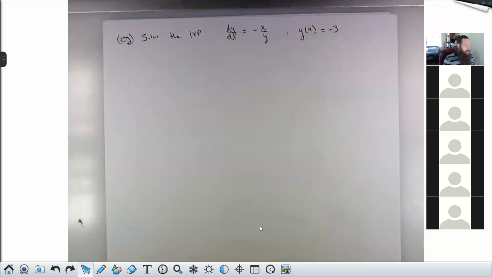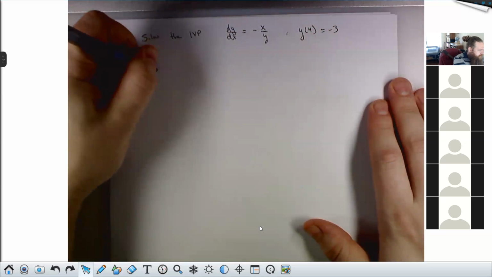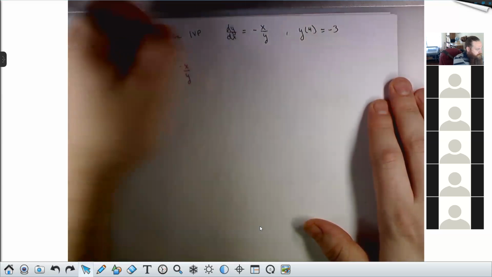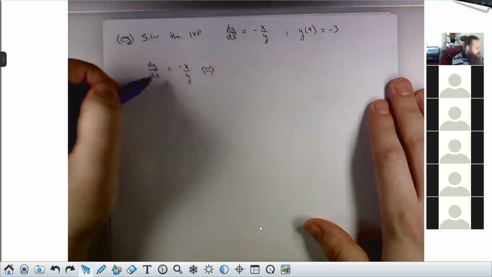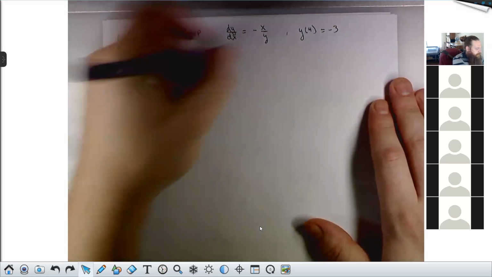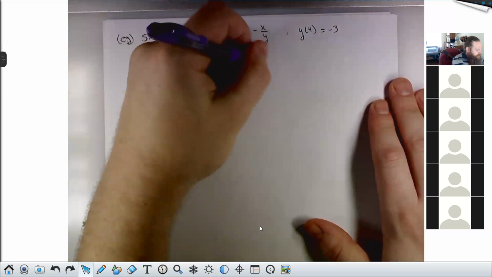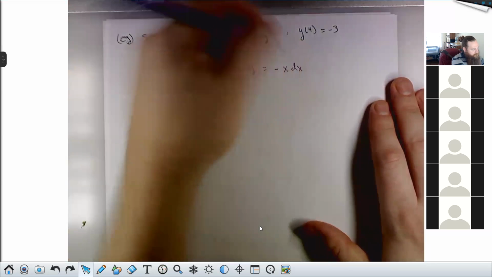The separation of variables here is not hard. Algebra is easy this time. The original expression, dy/dx equals negative x over y, is equivalent to multiplying both sides by dx and by y, which gives y dy equals negative x dx.